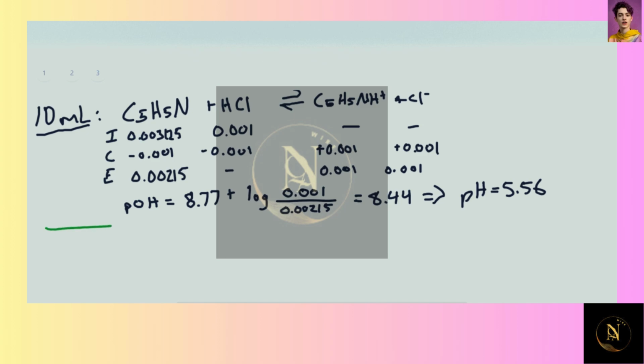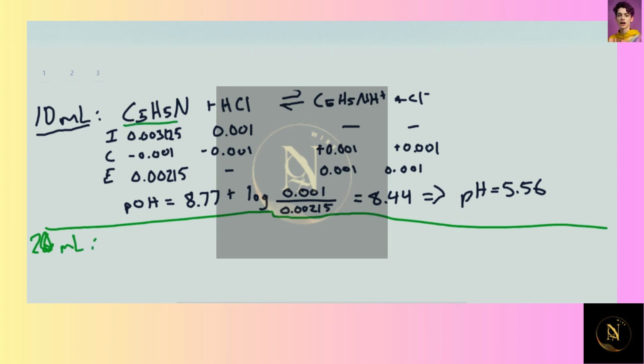So now let's go ahead and do 20 milliliters on the bottom here. I'm going to use the equations and symbols from up here to calculate. All that we've done here is add another 0.001 moles of acid.